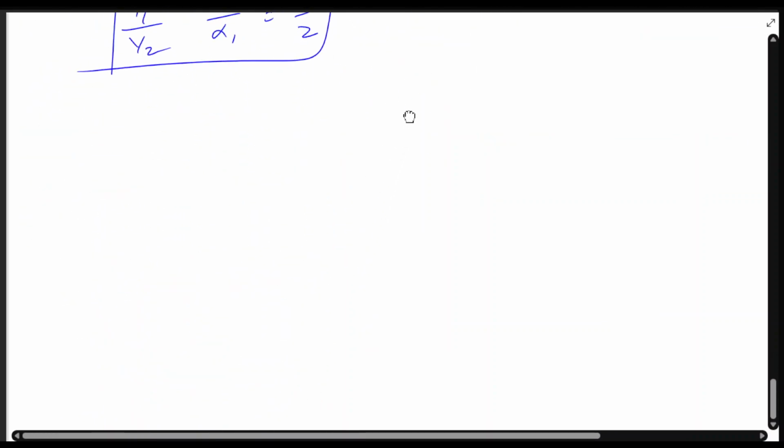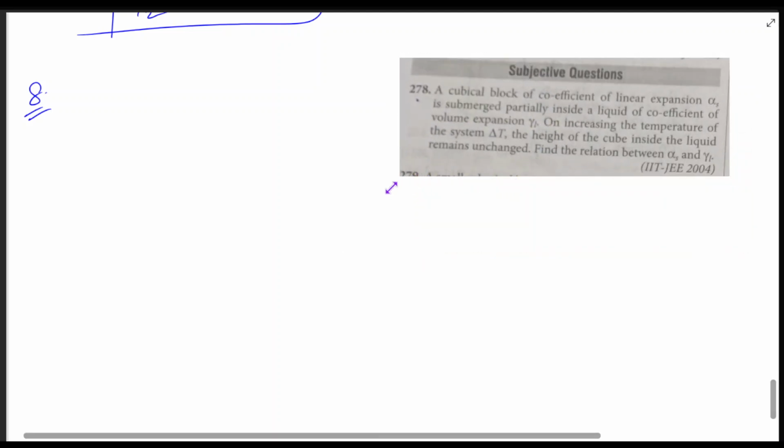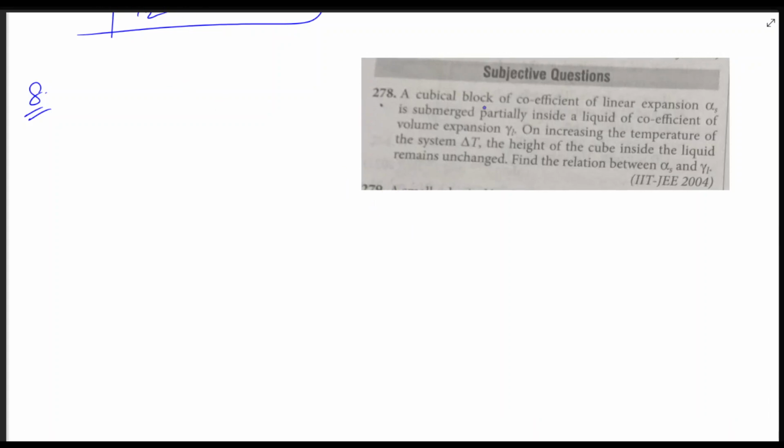Let's move on to our eighth question. Perfect. So we have a cubical block of coefficient of linear expansion alpha S, submerged partially in a liquid of coefficient of volume expansion gamma L. On increasing the temperature by delta T, the height of the cube inside the liquid remains unchanged. Okay, so there is no effect on H, so the effect will be on the area, right? So look, the situation is like this.